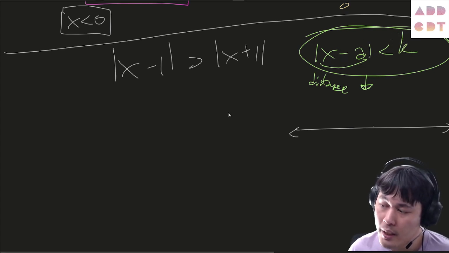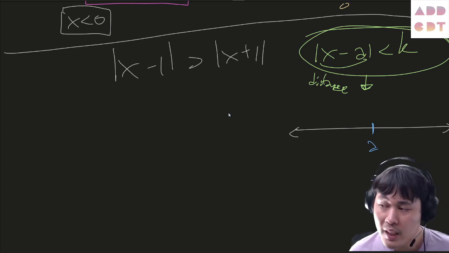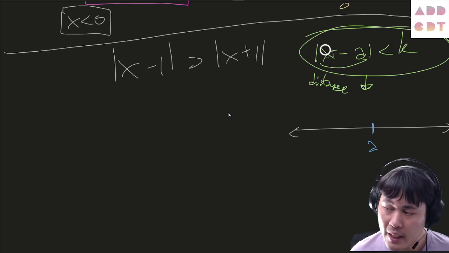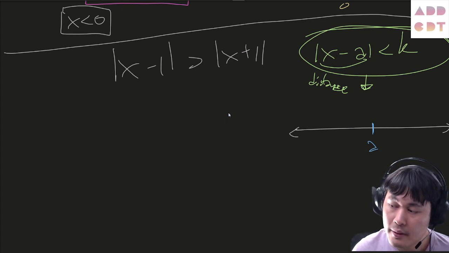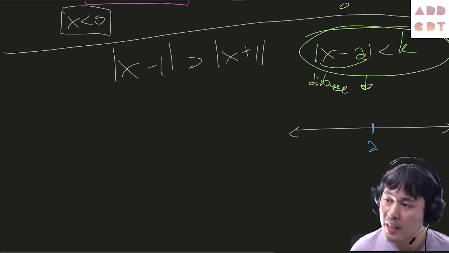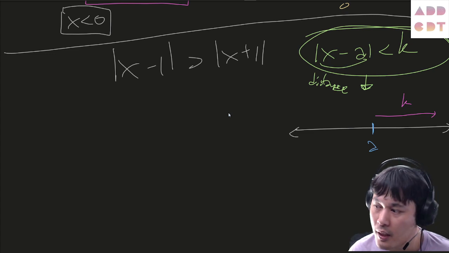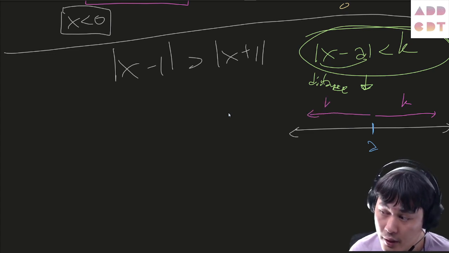If we have the point A, let's say it's the number 3 or something, and we are claiming that the distance between a number x and this point A is less than k, that means we can go only to the right by the distance k, and to the left by distance k.